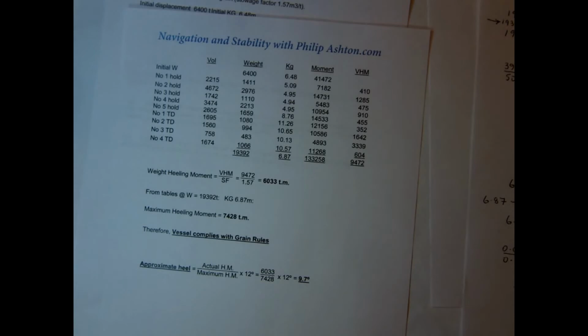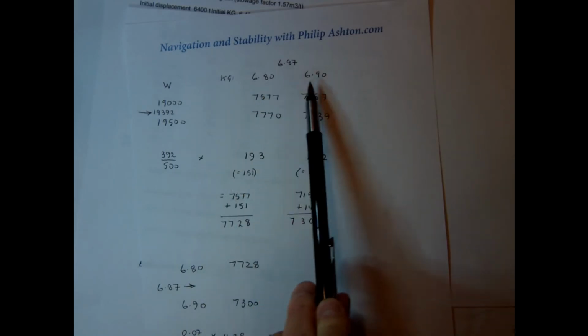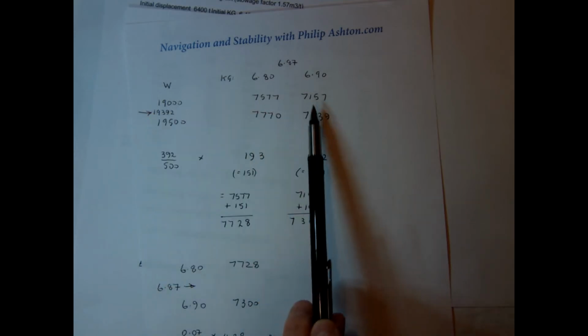So I've gone in the tables and I've picked those values off, and I've written it out here. KG 6.87, so I've gone between 6.8 and 6.9. Displacement between 19,000 and 19,500, so I've got those 4 values down. Now I'm going to work out the heeling moment value for our displacement. So I'm going from 19,000 to 19,500, which is 392.